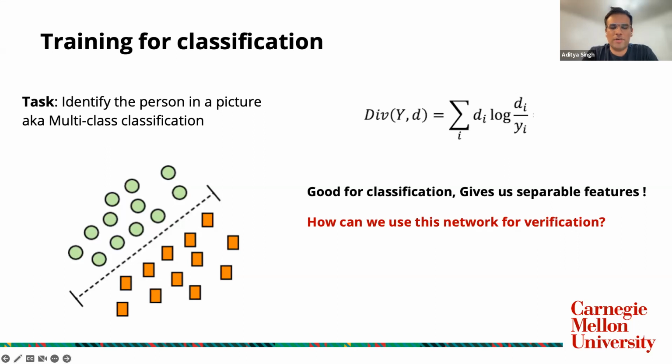For verification, you'll be given 2 images, and you have to tell whether they belong to the same class or not. In that case, what would you do? Throw both in the classifier and see if they output the same result or not. If they output the same result, then they're probably the same person. Okay, but they're not present in the classes that your classifier is trained on. Does that make sense? Yeah.